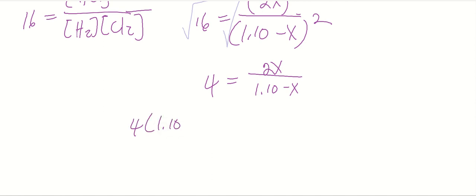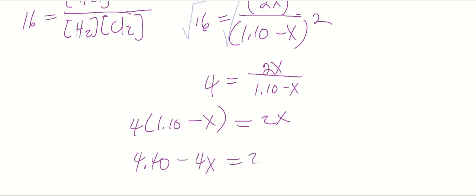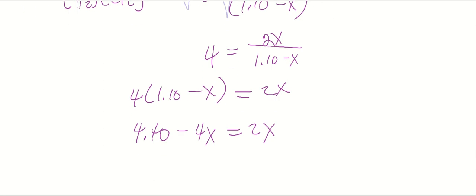Then we'll distribute there: 4.4. Let's add 4x to both sides, and so we're going to get 4.4 is equal to 6x.